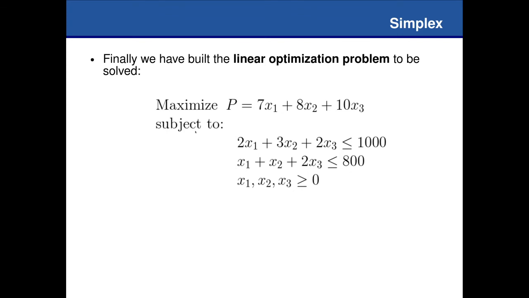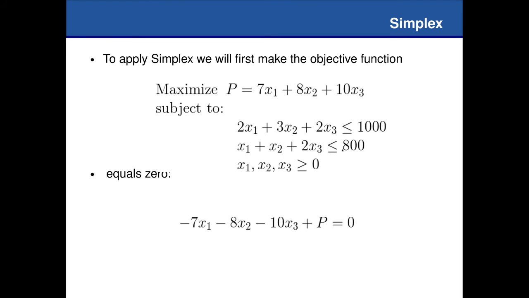Again, this is a maximization problem whose constraints are in the form of less than or equal to. This is the form we're going to work with. The first step is to transform our optimization function, bringing all those terms to the left and making that equal to 0.